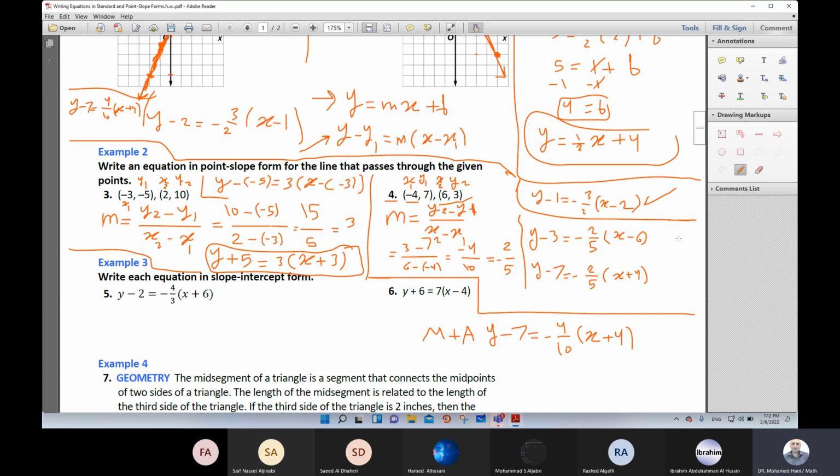Yes, this is right and this is right, because in the standard form, the two equations here have the same value. Remember me tomorrow, inshallah, we will continue from number 5.